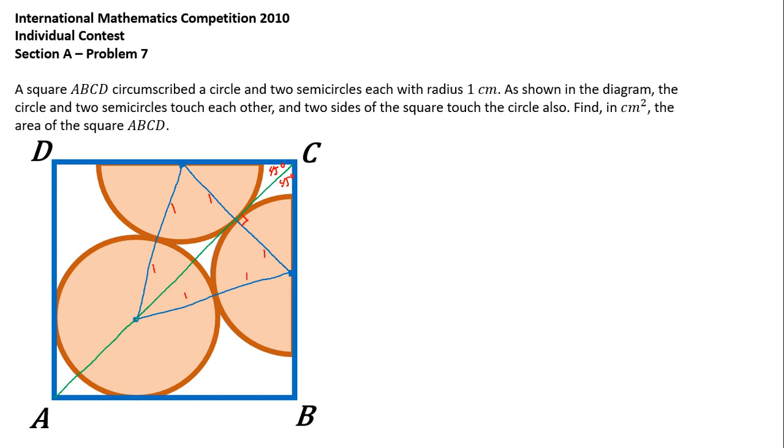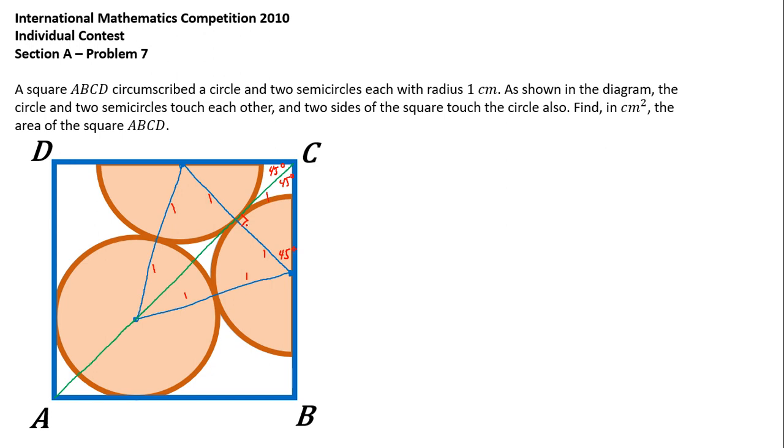Okay. Now going back to the angles here in this triangle, take note that we have here 45 degrees. This is 90. So automatically this is also 45 degrees. And so this is just an isosceles triangle, right? Isosceles right triangle. So this side here must also be 1 centimeter.